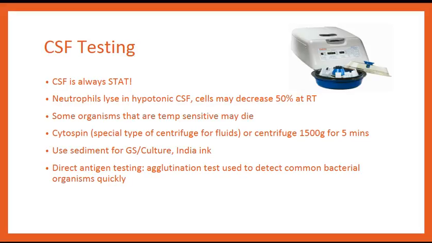We have an example of one of these kits in our lab, and the organisms that kit tests for are Neisseria meningitidis, because that's a common pathogen for meningitis in children, Strep pneumo, Haemophilus influenzae, Staph aureus, E. coli, and group B because of babies. It's a quick agglutination test done on spinal fluid to detect the common organisms that cause meningitis.